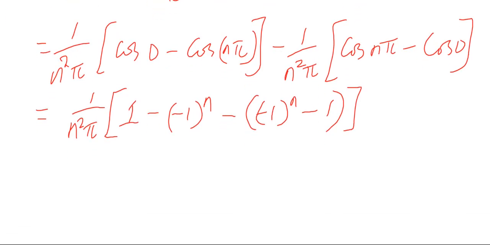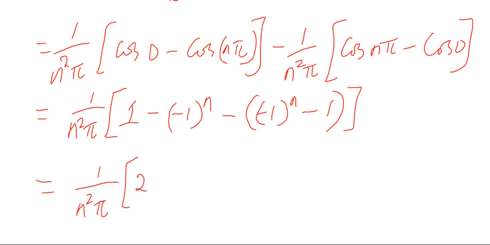We can work out this. And now notice that here we have 1 minus 1, yeah, which will be 2. So we can write 1 over n squared pi, and then we have 2.